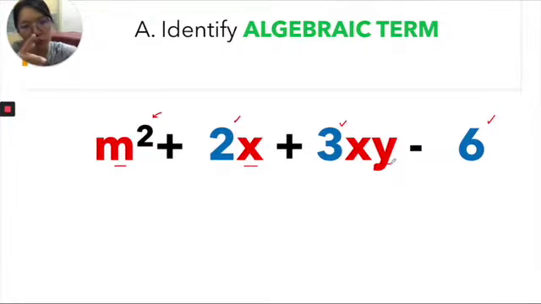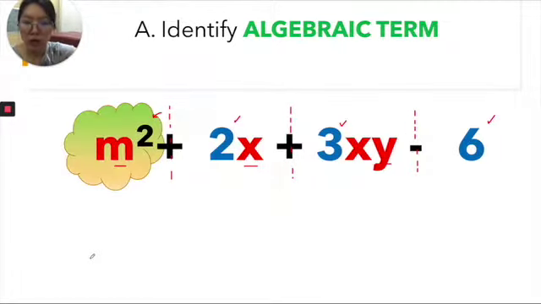So now, what is algebraic term? In the algebraic expression, we try to find plus and we try to find minus, and we draw an invisible line here. So the algebraic terms are the numbers or variables that are between the plus and the minus.